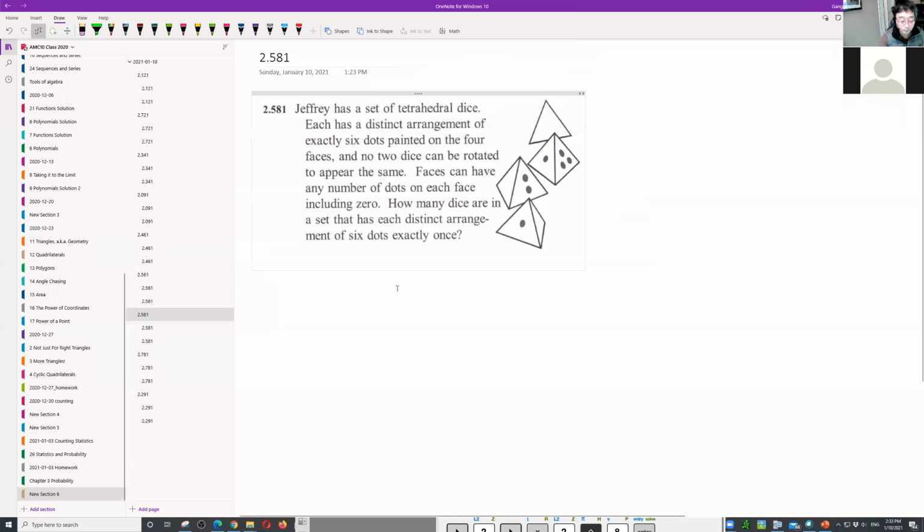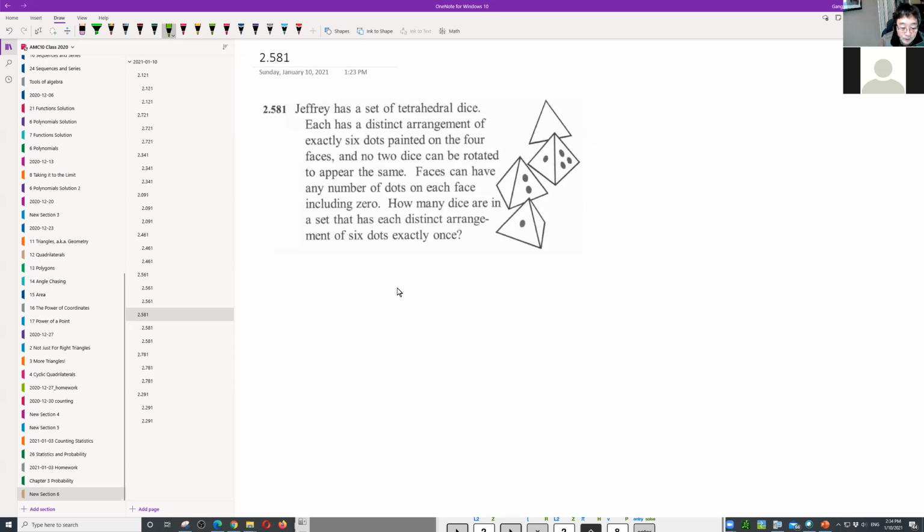Let's do this one. Jeffrey has a set of tetrahedral dice. Each has a distinct arrangement of exactly six dots, spread over the four faces, and no two dice can be rotated to appear the same. Faces can have any number of dots, including 0.